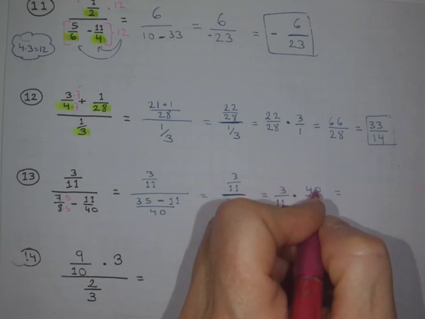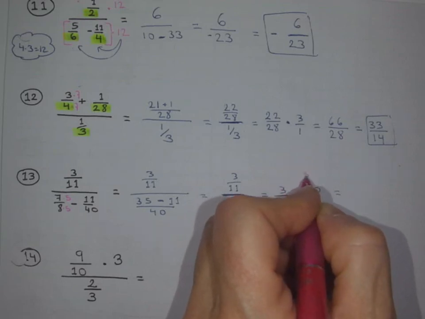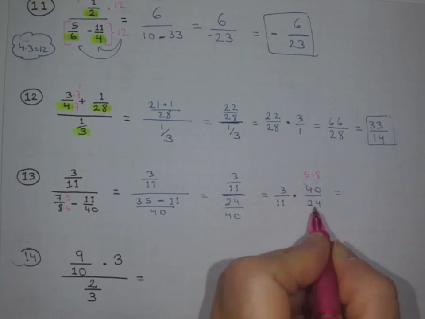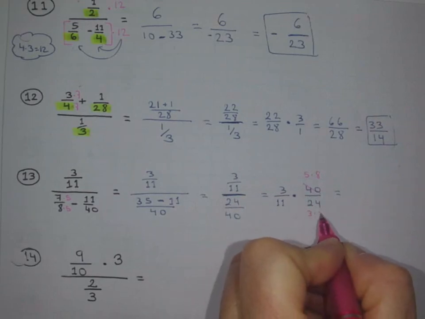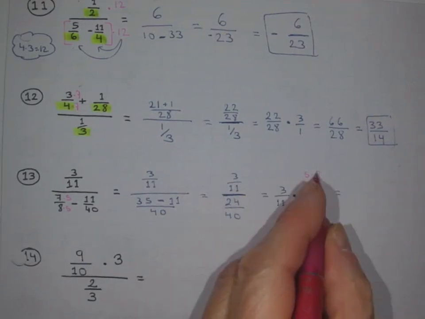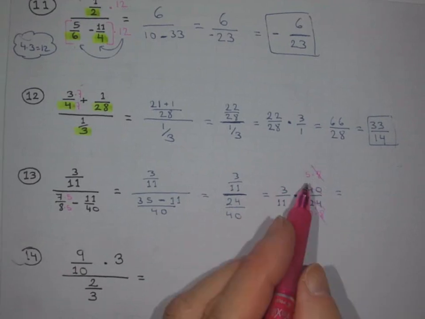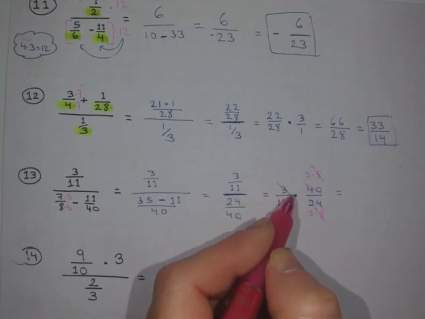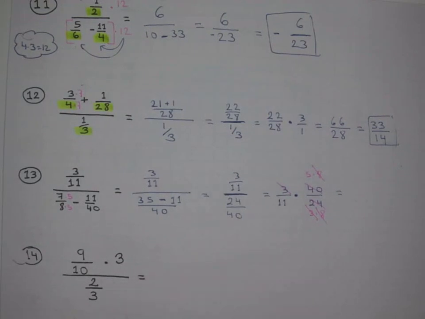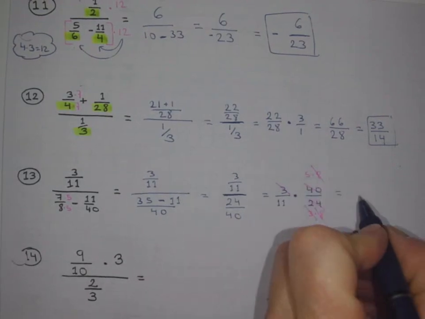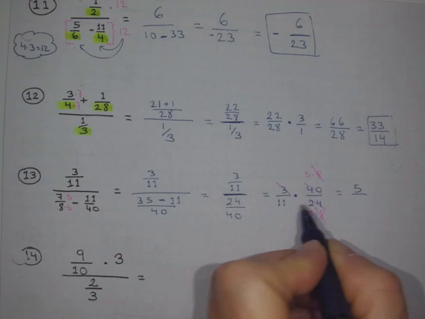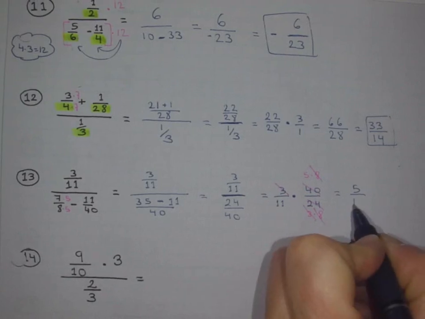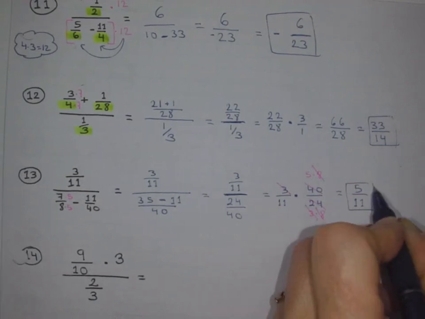So I'm going to take an 8 out, 5 times 8. And this is the same thing as 3 times 8. So 8 and 8 is going to go, and I'm going to be left with 5 and 3. But look, we have a 3 up here and down here, so 3 and 3 are gone as well. So what's left over? 5 in the numerator, and then just my 11 in my denominator. That should be my answer. Okay?